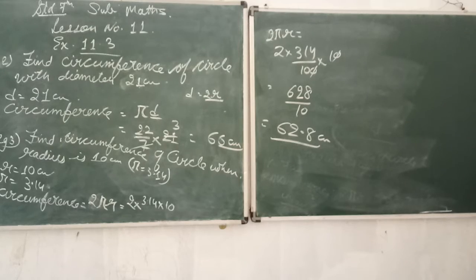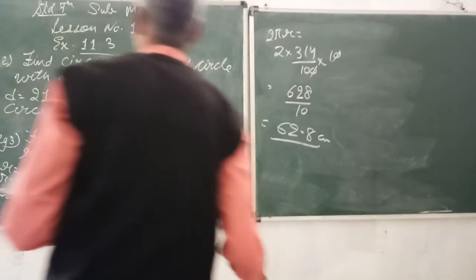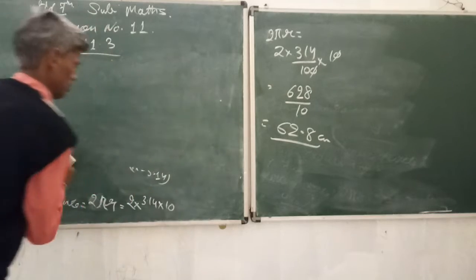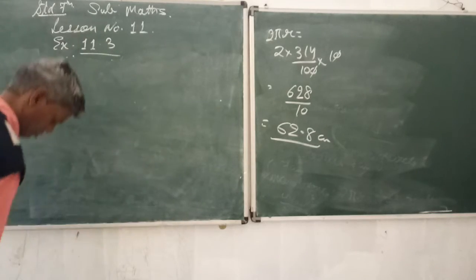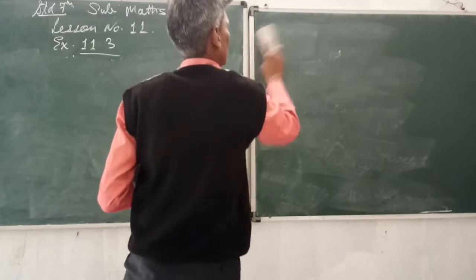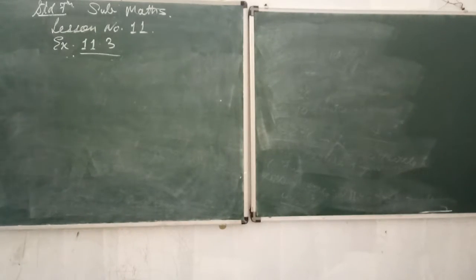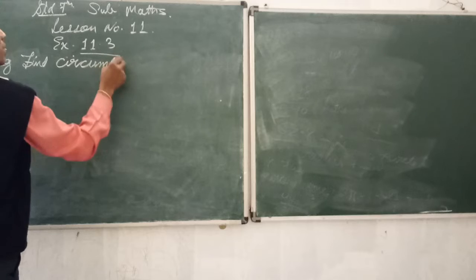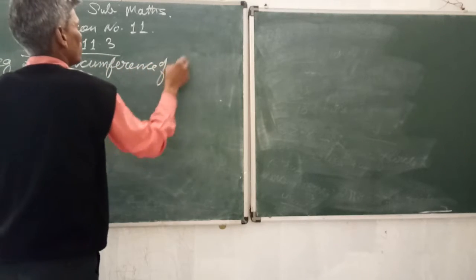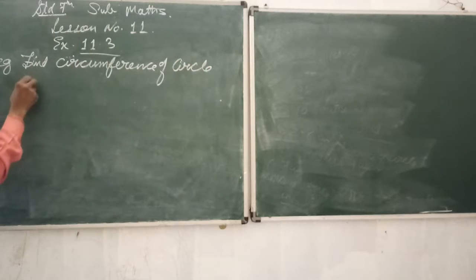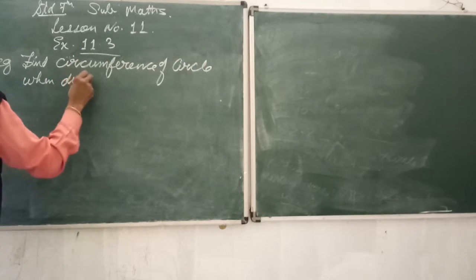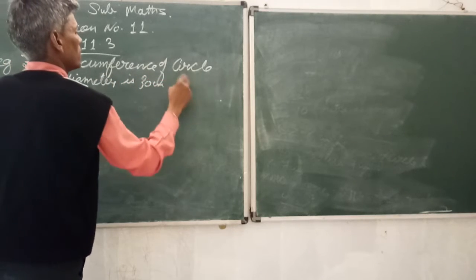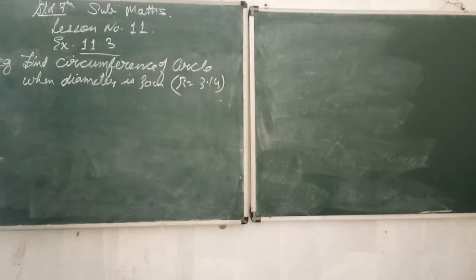Next example I am explaining. Find the circumference of a circle when diameter is 30 centimeter, pi is 3.14.